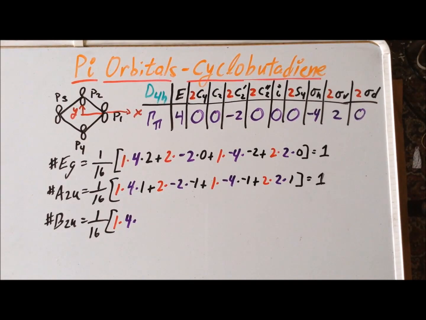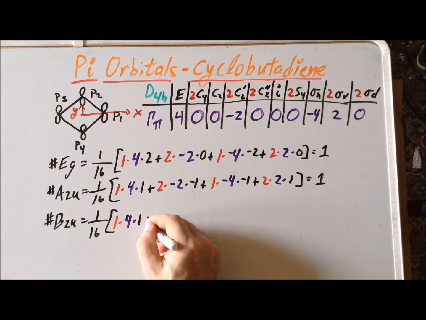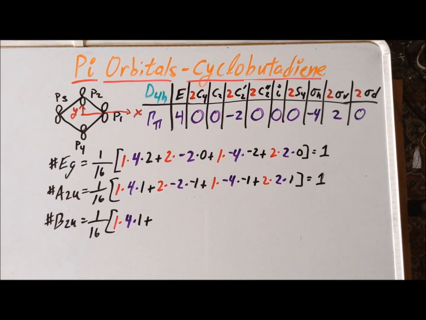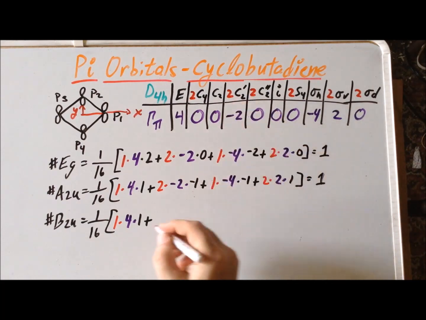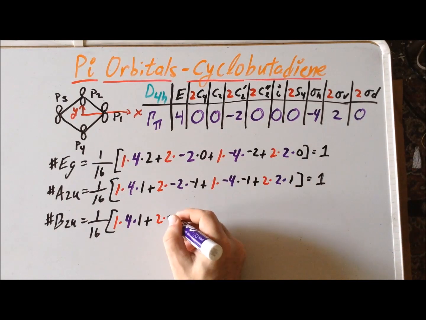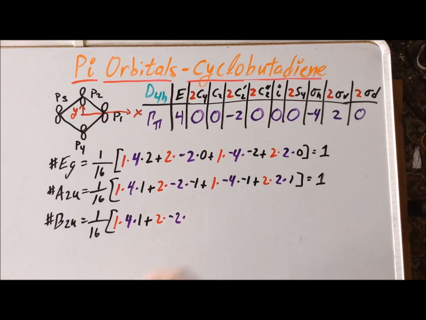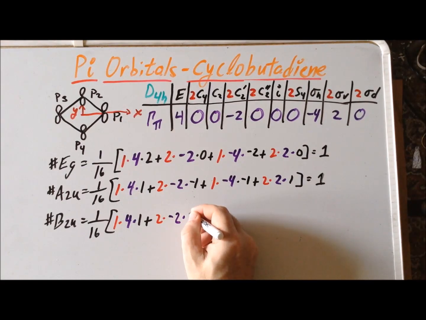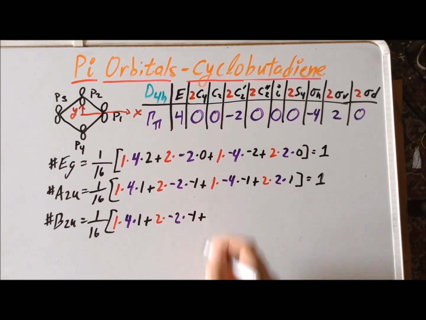And the character from the character table for B2u is a positive 1. There are 2 C2 primes. The character from the reducible representation is a -2. The character from the irreducible representation is a -1.